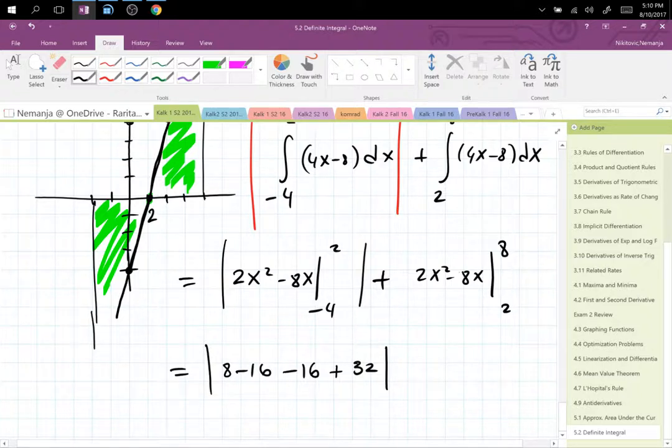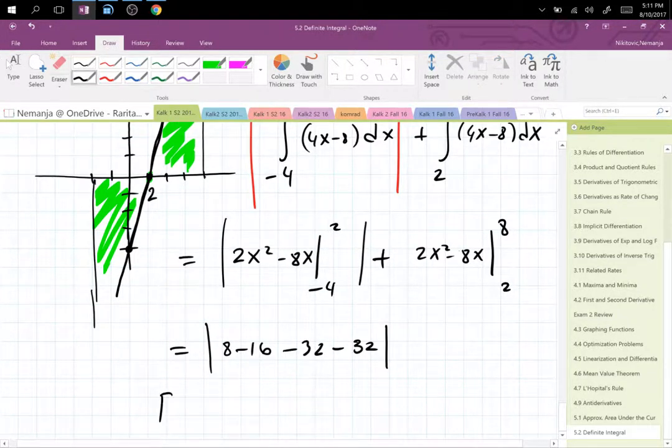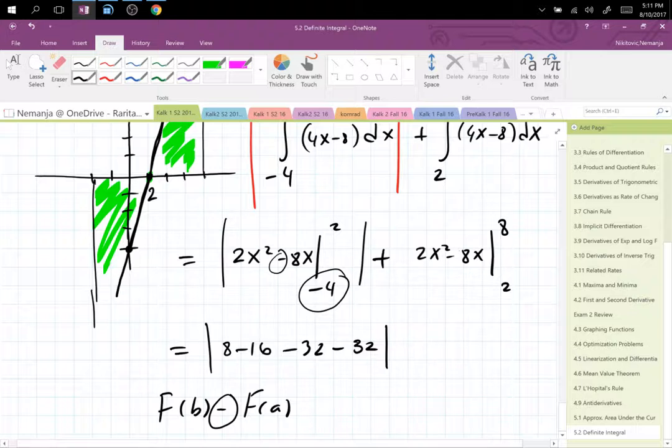Minus 16, that's good. And then we have minus, plug in the lower number, 16 times 2 is 32, and then minus and minus gives me plus. And then there's also a minus from the formula, right? Because the formula is f of b minus f of a. So when I am plugging this value, there is a negative from there, there is a negative from here, and then there is a negative from the formula. So that's 3 negatives in a row.